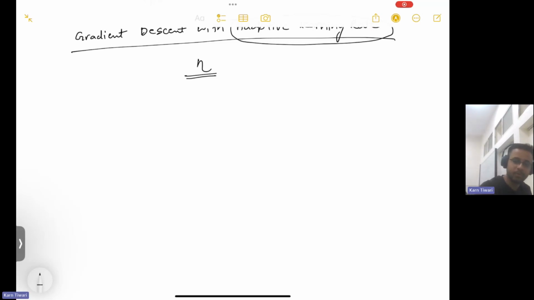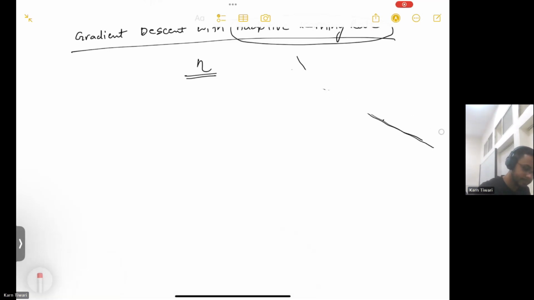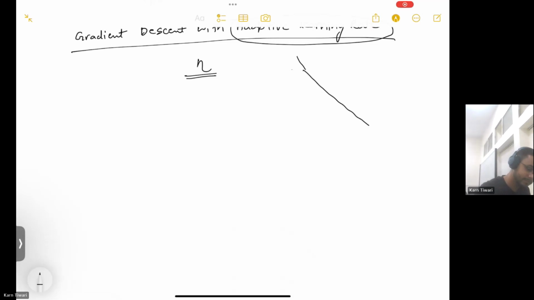So the question it's asking is like this. I was at this particular point, and the gradient it gave me was this.